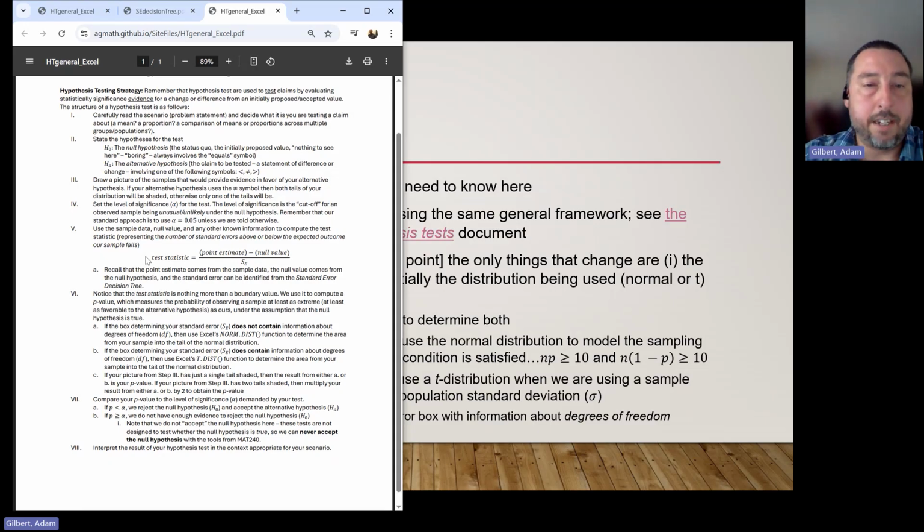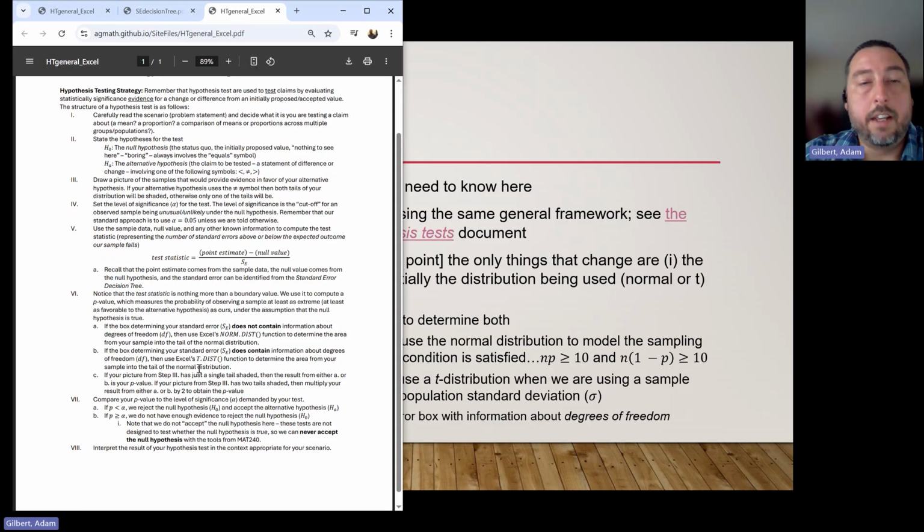Once we have that test statistic, that boundary value, we can convert it into a probability. We'll call that probability a p-value by using the appropriate probability function in Excel. So the functions that we've seen so far are norm.dist for calculating probability underneath a normal curve, and t.dist to calculate probability associated with a t-distribution.